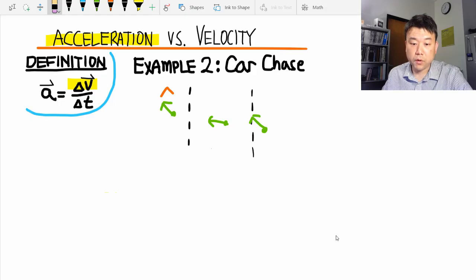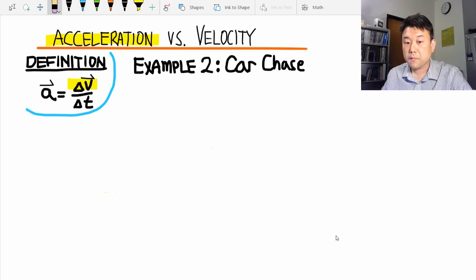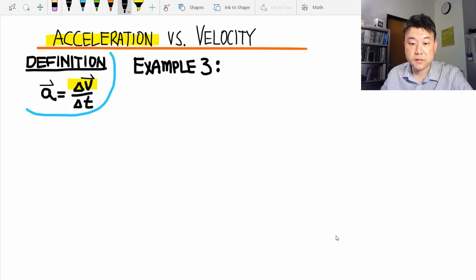So I want to end with the last example where there is no motion in the sense that velocity is zero, but there is acceleration. To crystallize that you can have acceleration with zero velocity. And even though you would be feeling motion at that particular moment in time, the velocity is zero.